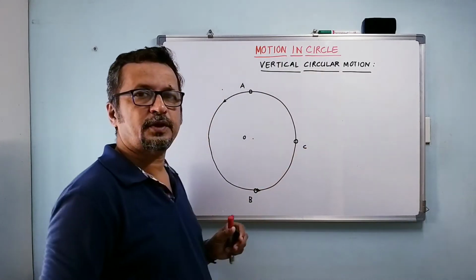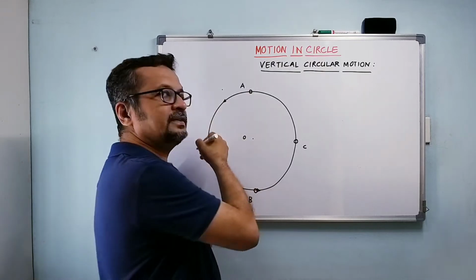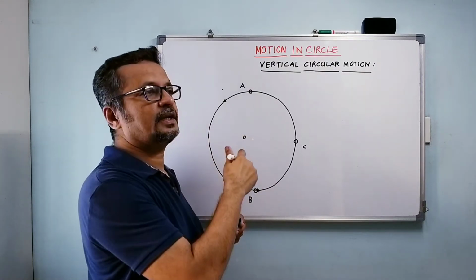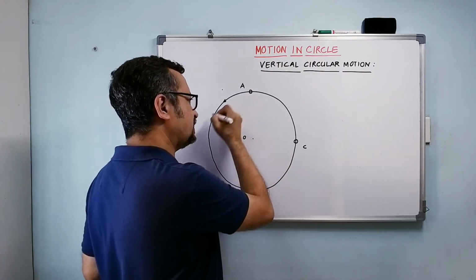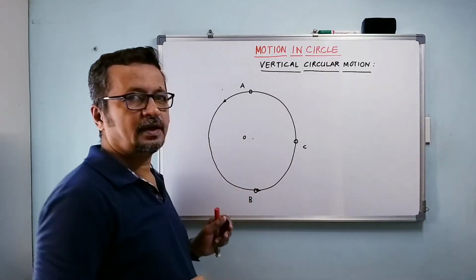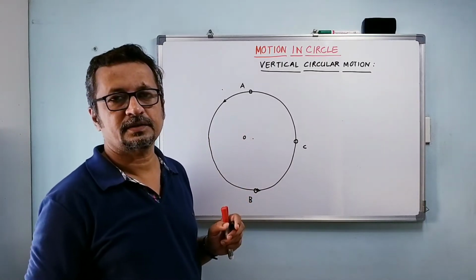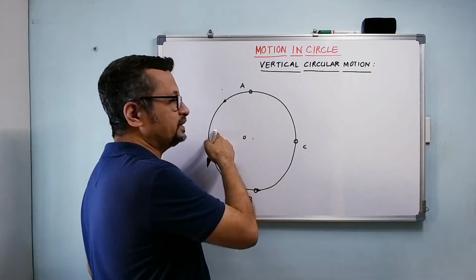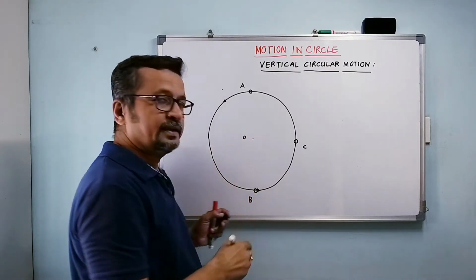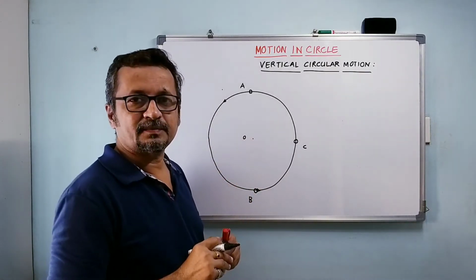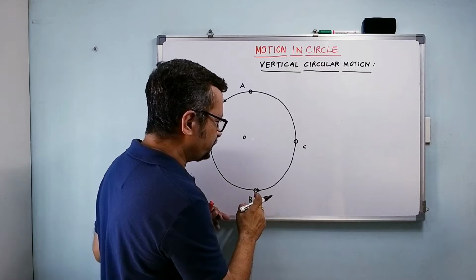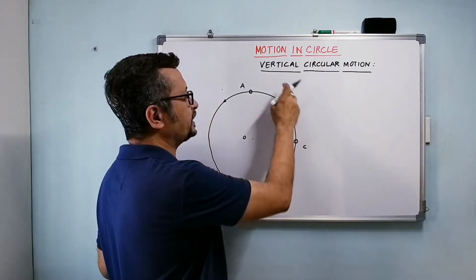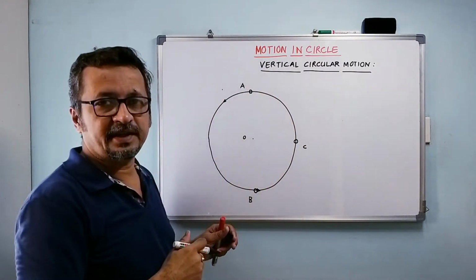So when it crosses point A, gravity is acting down, the stone is moving down, and even the velocity is in the downward direction here, correct? So from point A onwards to point B, the velocity will go on increasing, and from point B to point C and then to point A, it is going to decrease, correct?